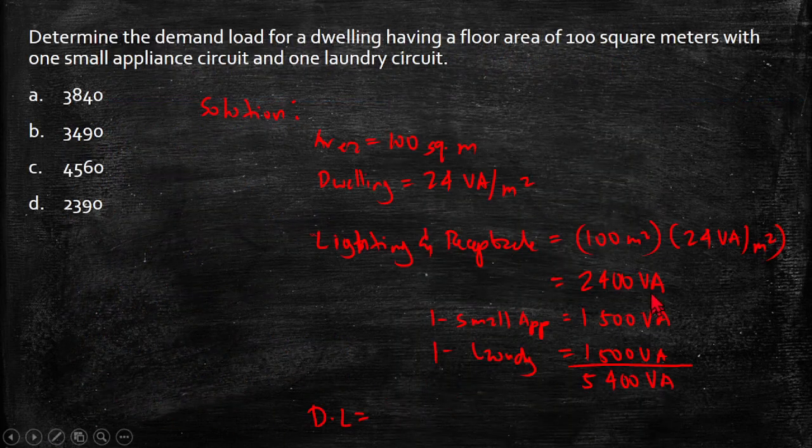So from our 5,400, we take 3,000, times 100%, which is like multiplying by 1. Plus the remaining of the 5,400, what is left after taking the 3,000, which is 2,400. We multiply that by 35%, or 0.35.